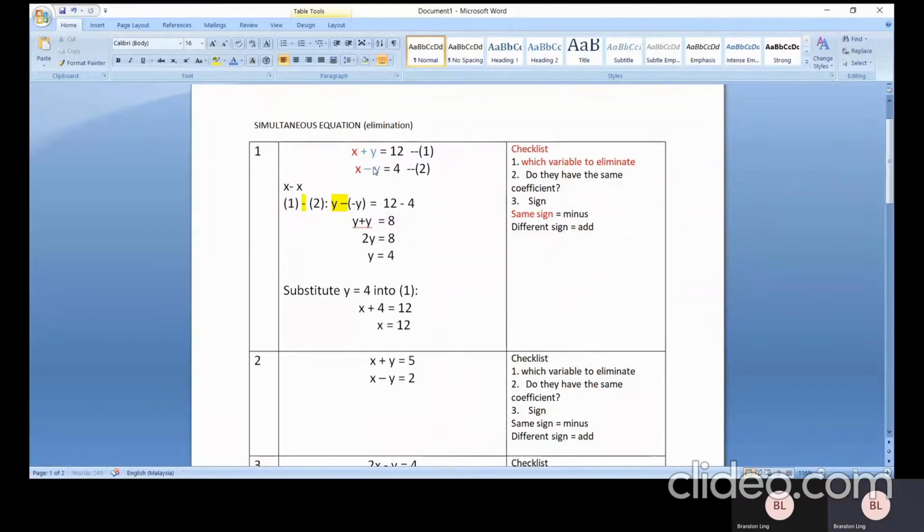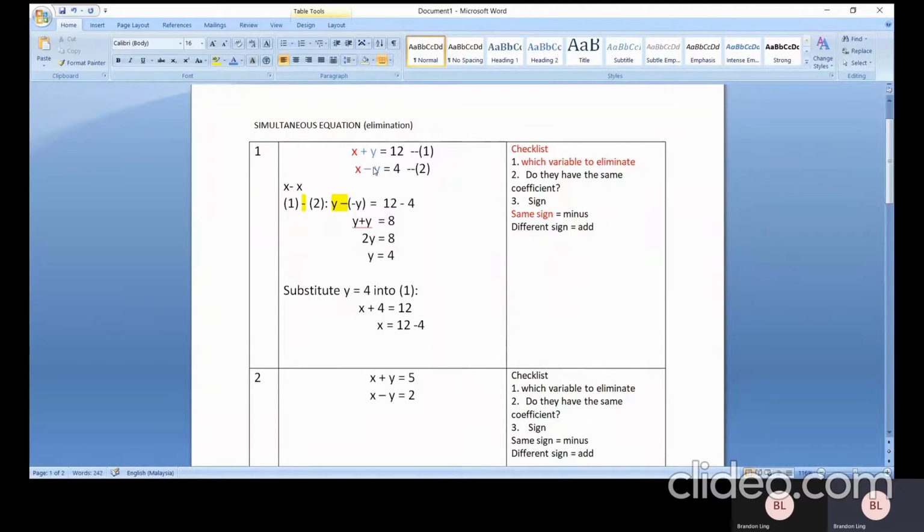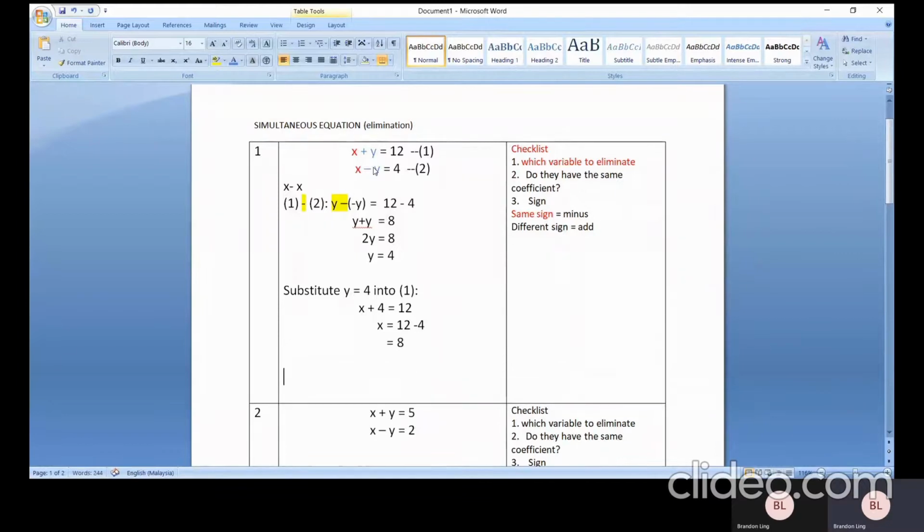Therefore, my answer will be 12 minus 4, which is 8. Therefore, my final answer, okay, will be x equals to 8, y equals to 4.